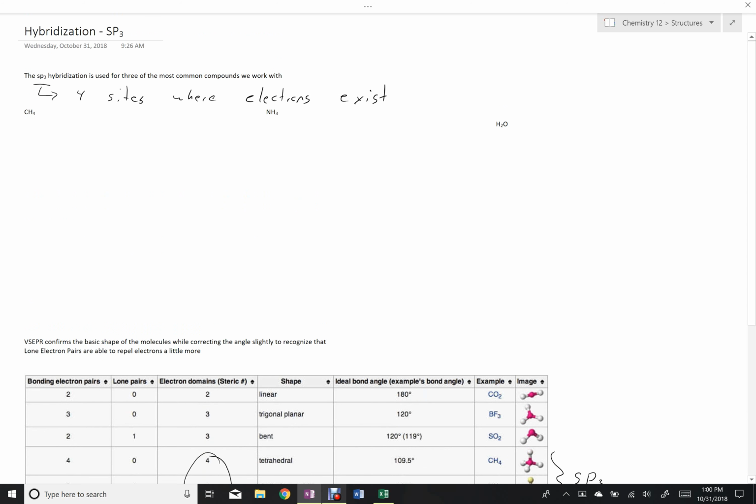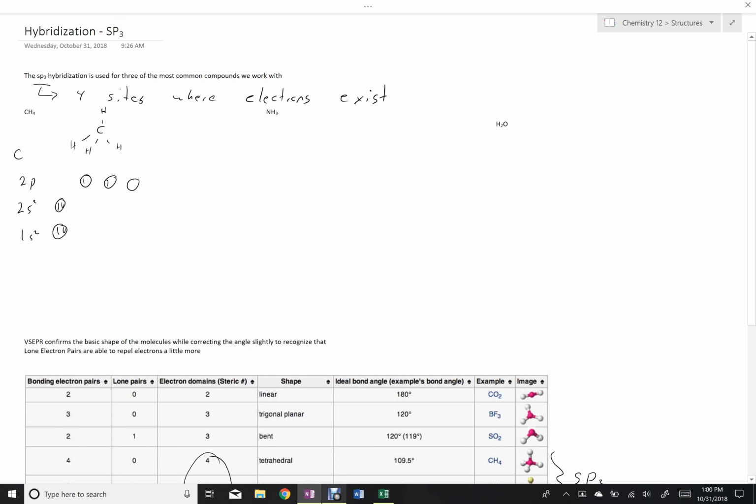To do the hybridization for CH4, I'm going to start with the energy level diagram for carbon. So I have my 1s2, my 2s2, and my 2p, what could be 6, but here I'm only going to have 2 electrons available in it. Now we can see from the Lewis structure that carbon wants to form 4 bonds.